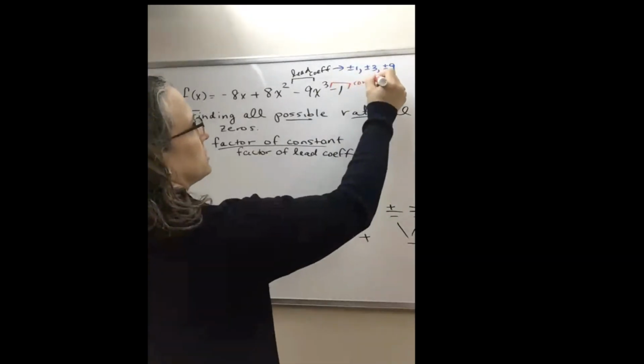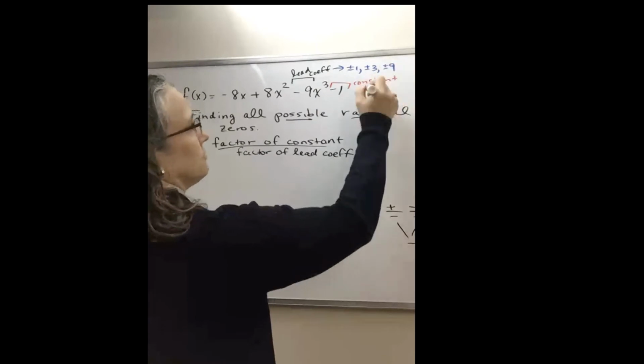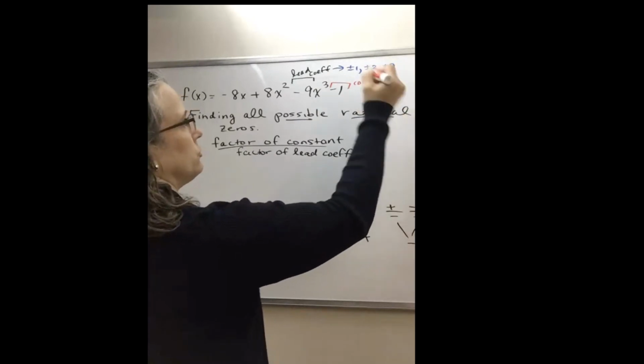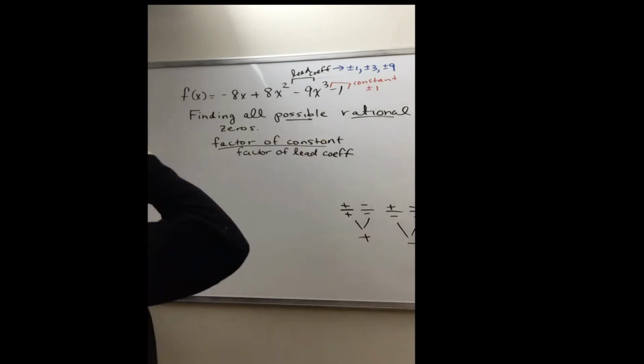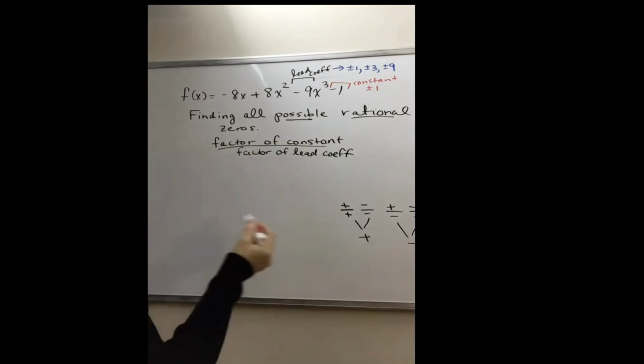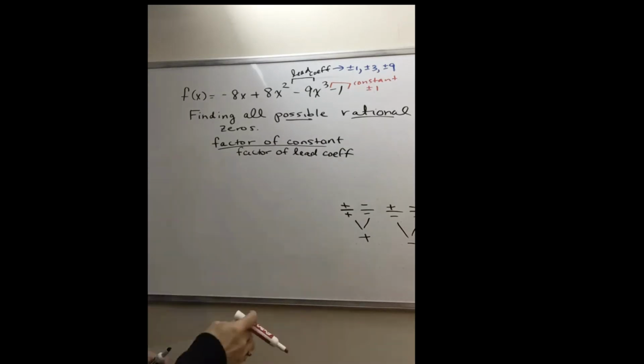And so the constant term only has one or two factors, depending on how you look at it. So plus or minus 1. So when I look at all the factors of the constant, 1 is the only option for my numerator, if I just worry about the plus minus out front later.